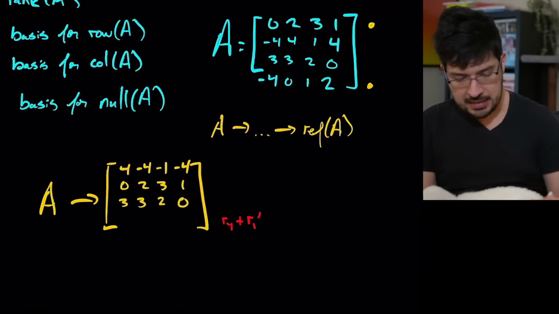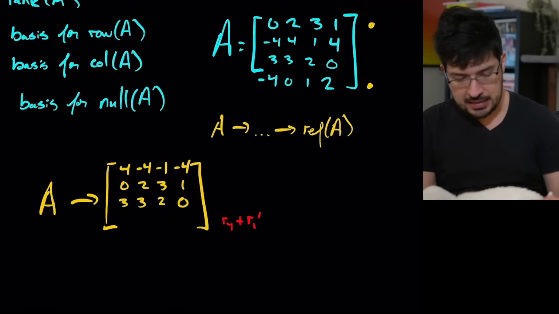Now that looks like quite a nice row, if you ask me. 4, -4, -1, -4. Let's keep that one the same. And so this one is now negative row 4 divided by 2. Right?